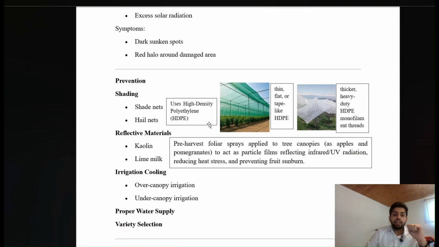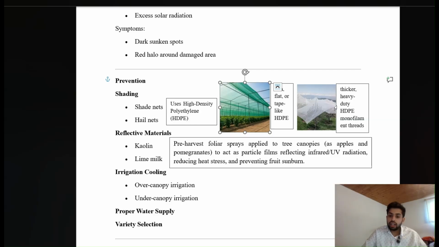It can be prevented by shading, shade nets and hail nets. So there are two types of shading. In the shade nets, as you can see, this is the green shade which uses high density polythene, HDPE.